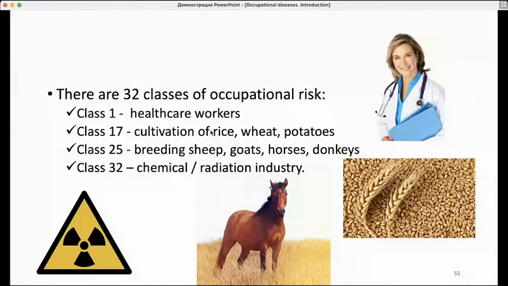And after we reveal a new case of occupational disease, when some employee is affected with occupational disease, the government will pay compensation from this foundation, from this bank of money.